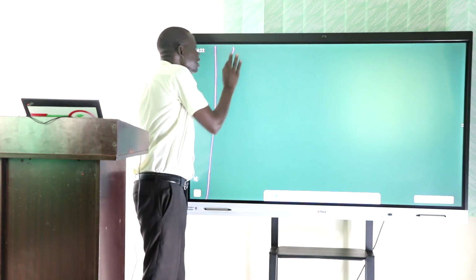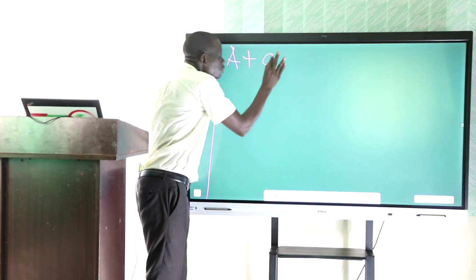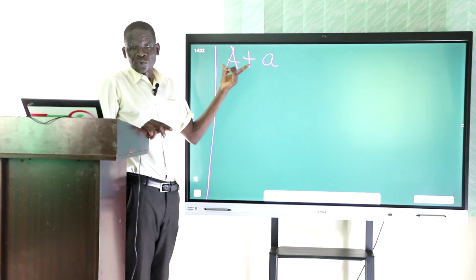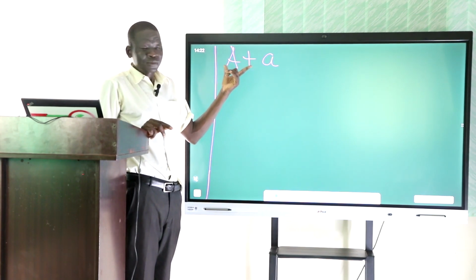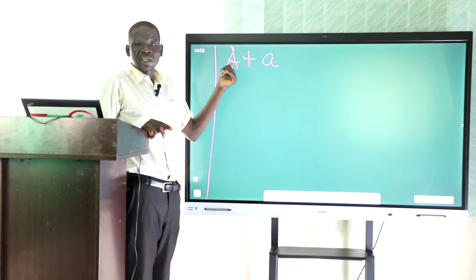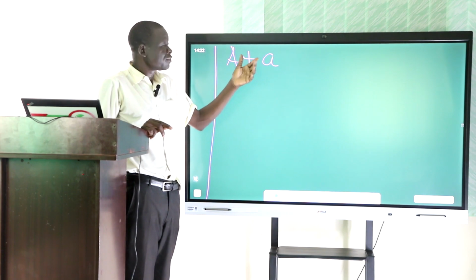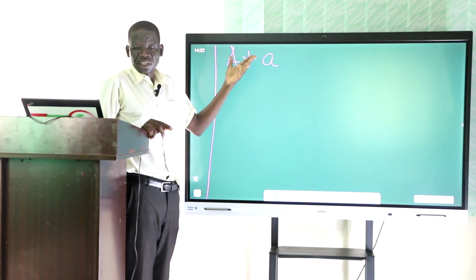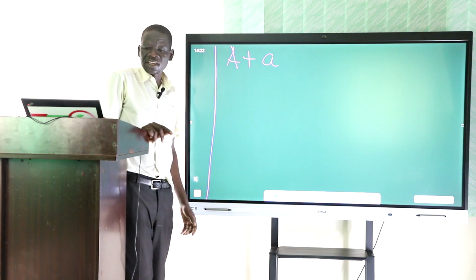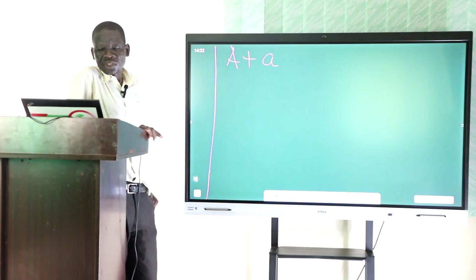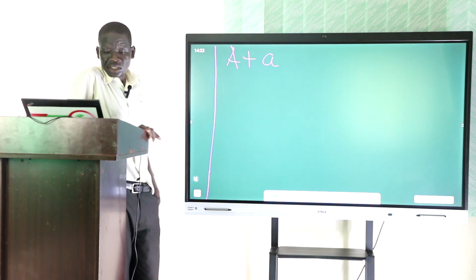Like if I have capital A plus small a, these are not like terms. You treat them as unlike terms. By virtue of this being a capital letter and this one being small, it differentiates them from being the same. So those are unlike terms.